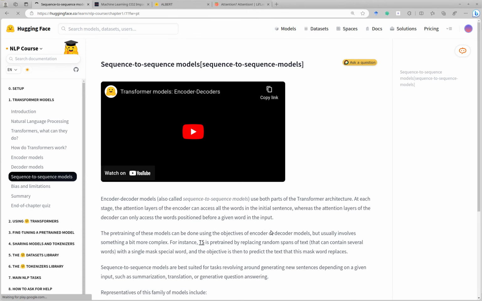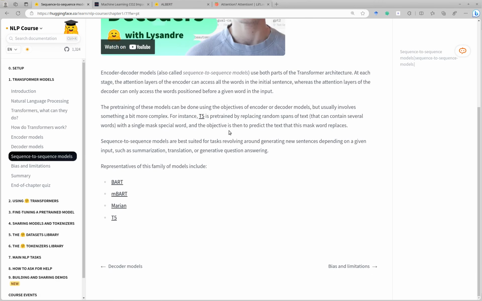So the final model or transformer model is the sequence-to-sequence model. They have both encoder and decoder architecture in there. At each stage, the attention layer of the encoder can access all the words. As we know, the encoder can access all the words, and it will pass that towards the decoder, where the decoder can only access the words which are positioned before the given input.